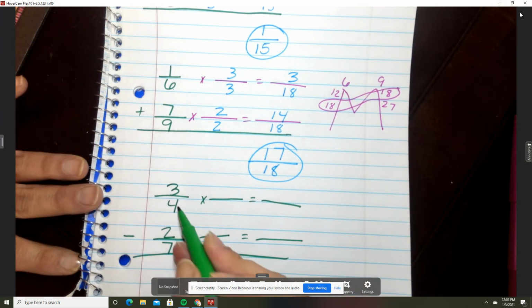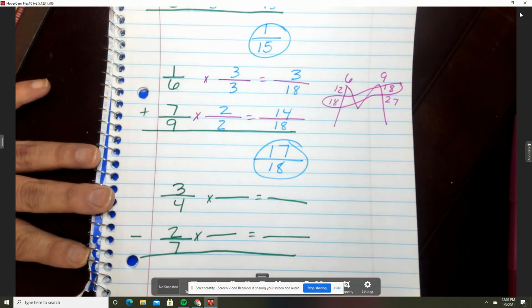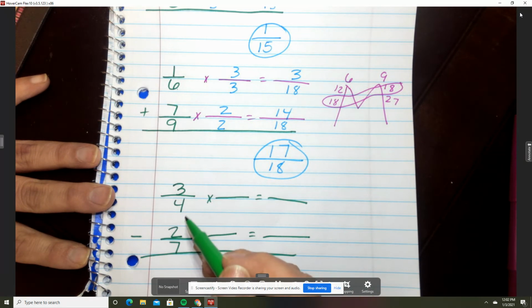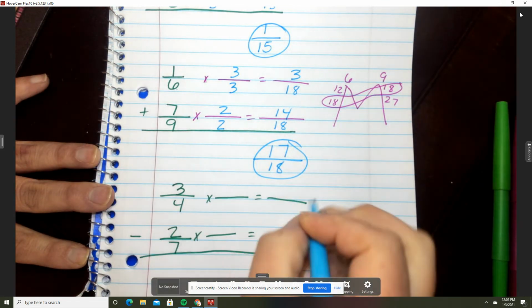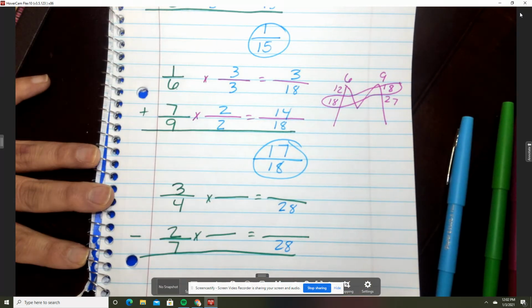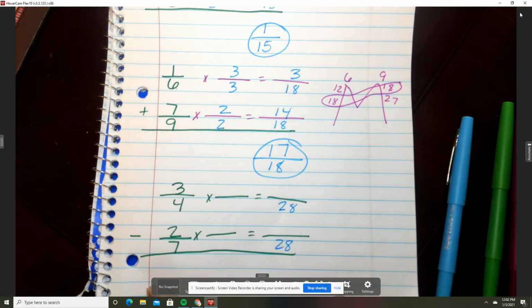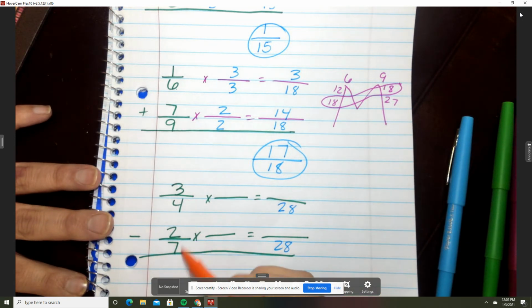All right. Can 4 go into 7 evenly? No. So I don't want to do an M. I'm going to go ahead and just multiply 4 and 7, and that's going to be 28. Okay. So you just sort of skipped a step by not having to do the M and multiplied the two denominators together.